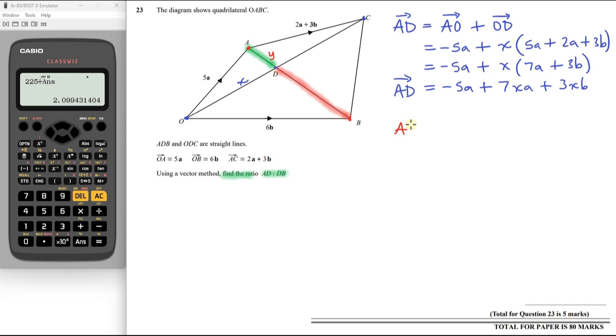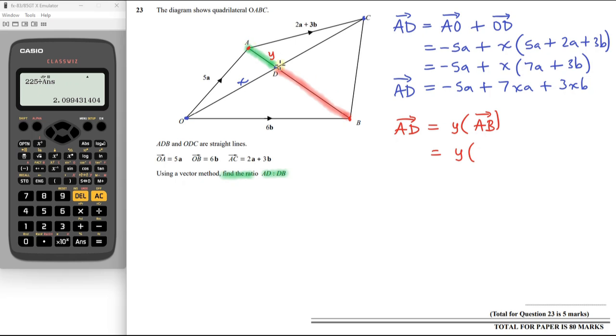So we can say that vector AD is equal to y times vector AB, because again, this is a straight line. Now we can work out what vector AB is.